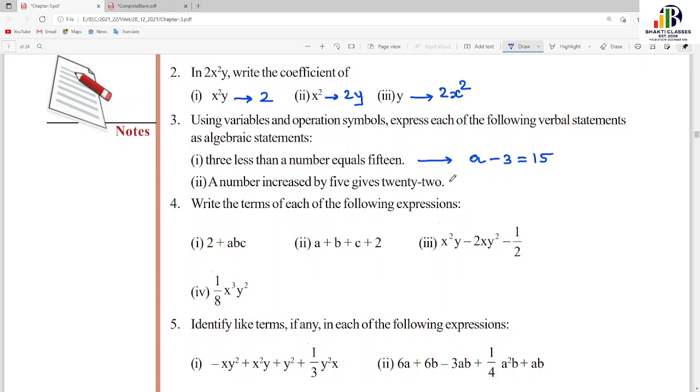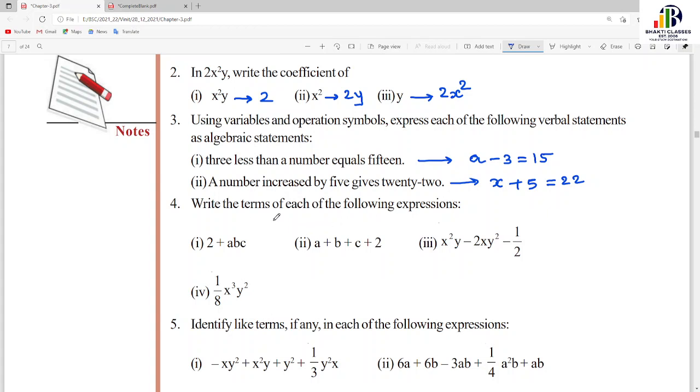Okay. Next, a number increased by 5 gives 22. So these are algebraic equivalent statements.